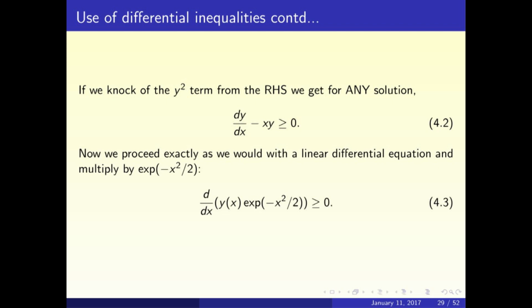So how would you proceed in that case? You would multiply 4.2 by e to the power minus x squared by 2, right? But do the same thing here. Never mind, it's an inequality, but e to the power minus x squared by 2 is always positive.